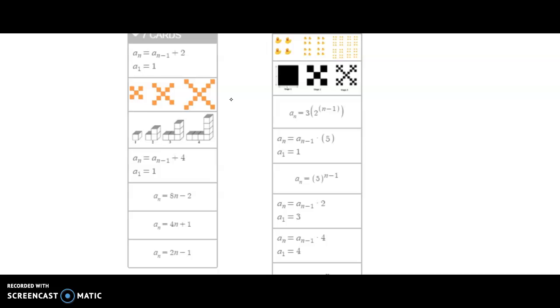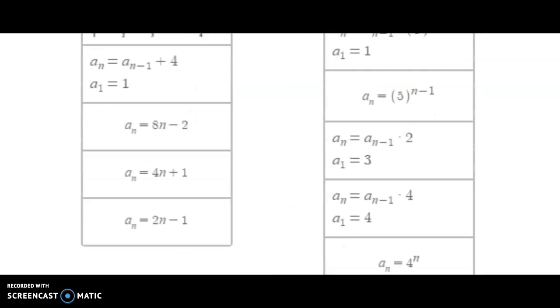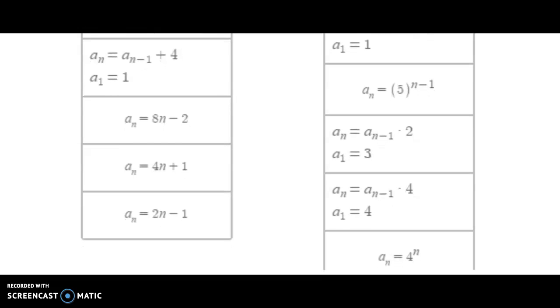So I could plug in 1 here plus 2. That should give me my second term, and so on and so forth. Even down here, these are similar equations, right, that we've been dealing with. I originally started with 1 block, and each time I'm increasing by 4 blocks, and so on and so forth.